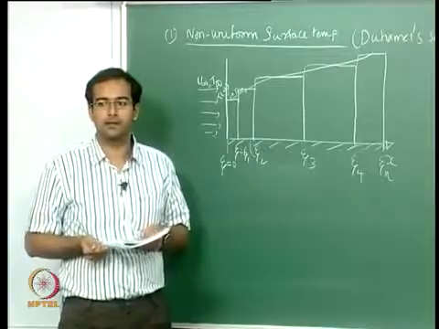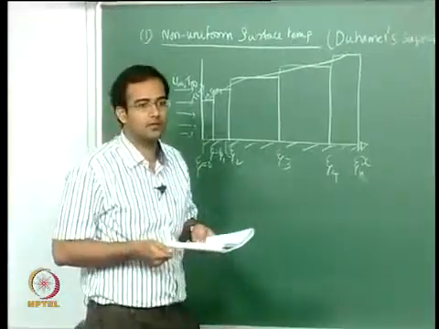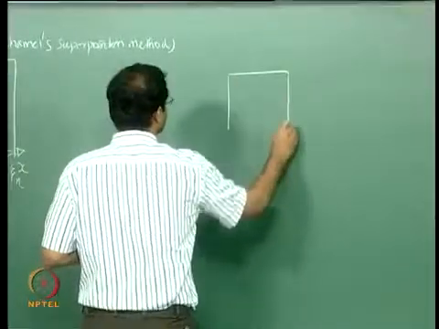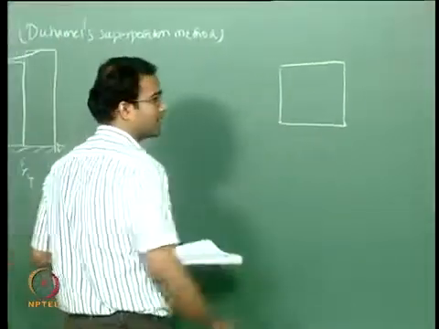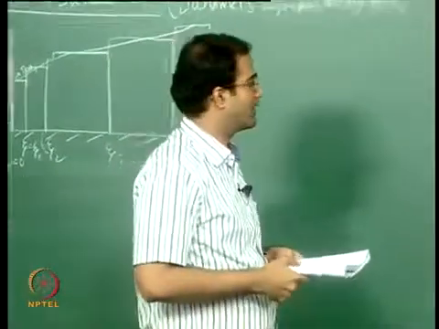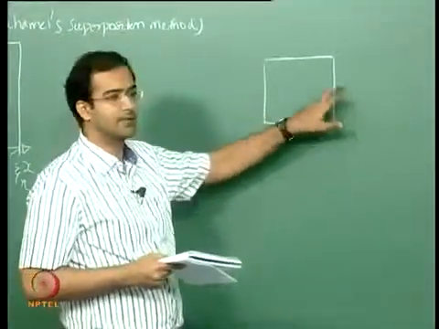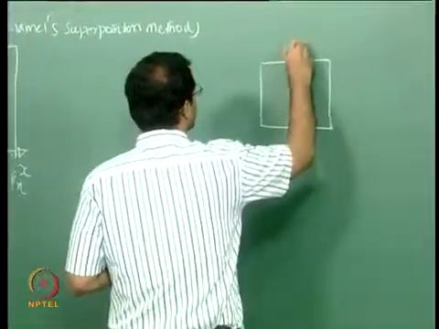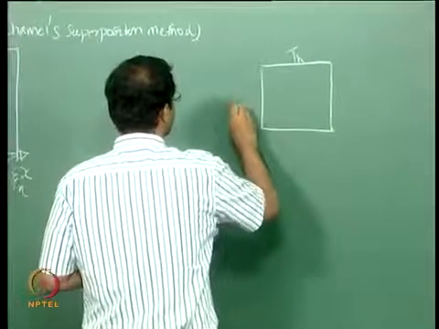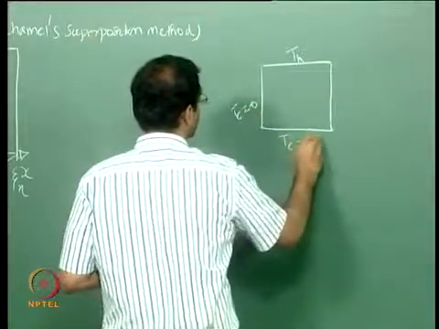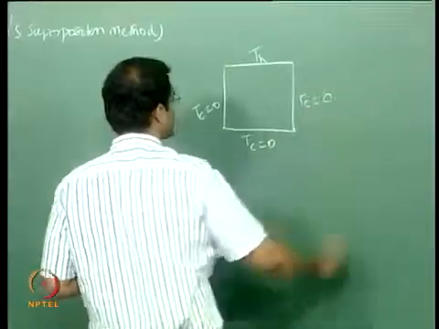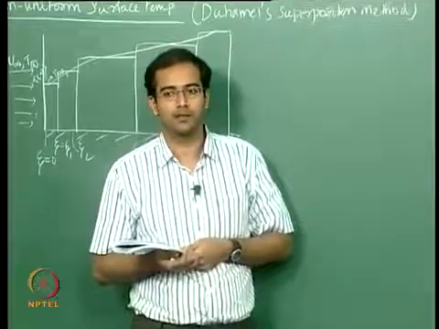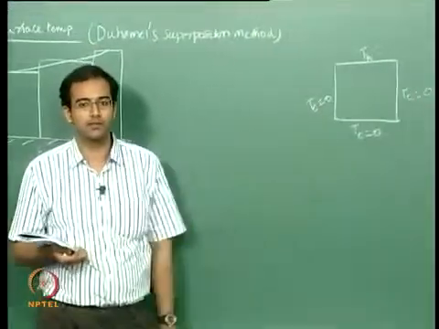If you solve by the method of separation of variables, you will know that, for example in the heat conduction problem, the method of separation of variables will work if you have homogeneous boundary conditions in 3 directions and 1 non-homogeneous boundary condition. For example, in the conduction case you will maintain this at some high temperature and the remaining 3 sides, you can non-dimensionalize the temperature in such a way that the non-dimensional temperature is 0.